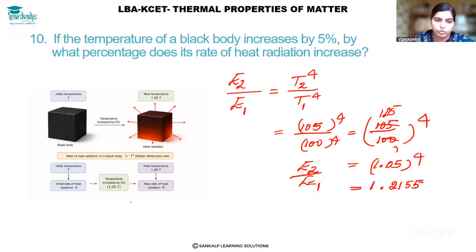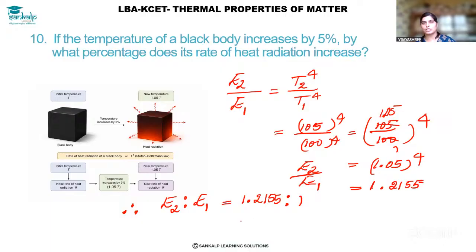Therefore, taking the ratio E2 is to E1, it is equal to 1.2155 is to 1. E2 is to E1 equal to this much.